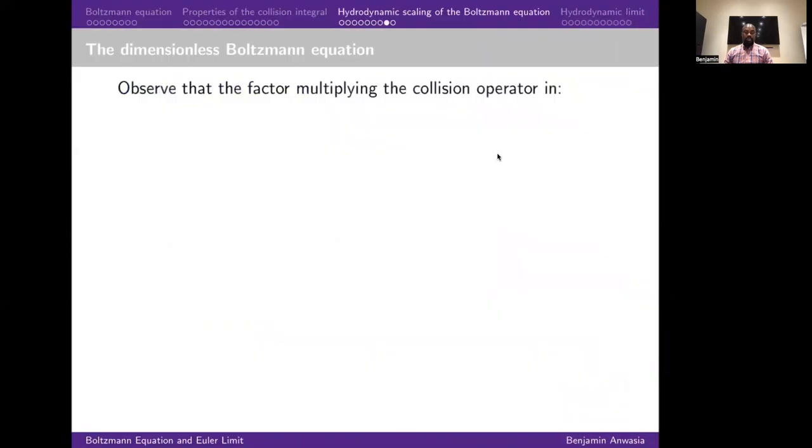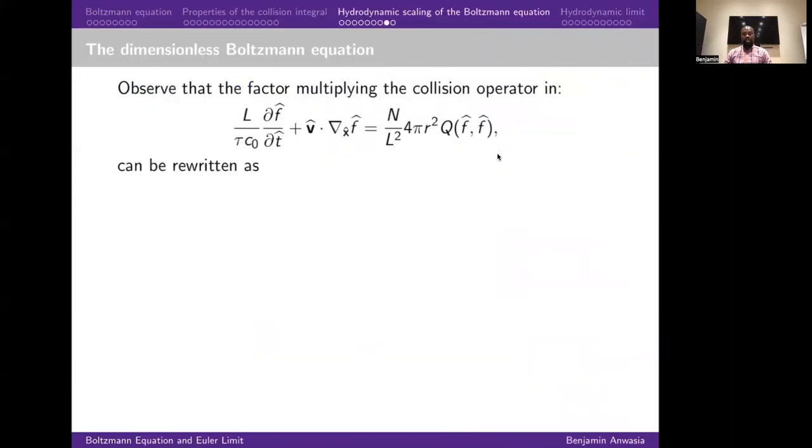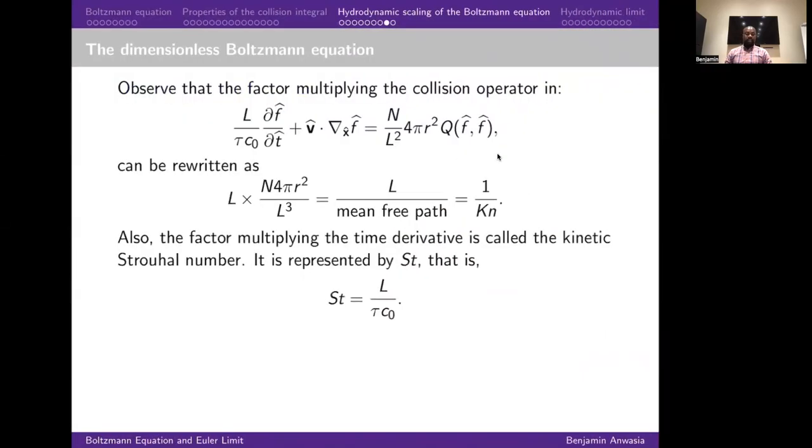Now, observe that the factor multiplying the collision operator in the dimensionless form of the Boltzmann equation given below can be rewritten as 1 over the Knudsen number. Also, the factor multiplying the time derivative is called the kinetic Strouhal number, in analogy to the Strouhal number in the dynamics of vortices.